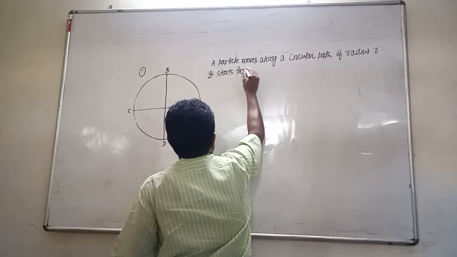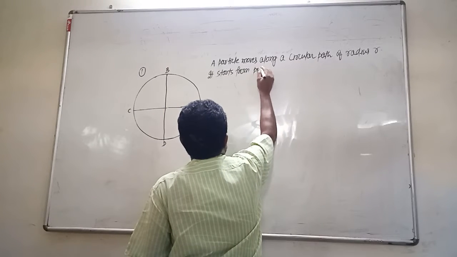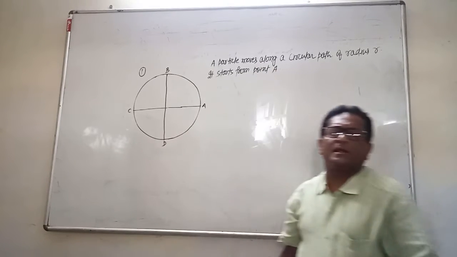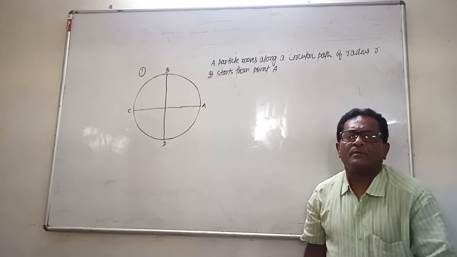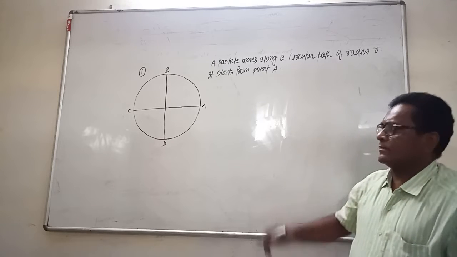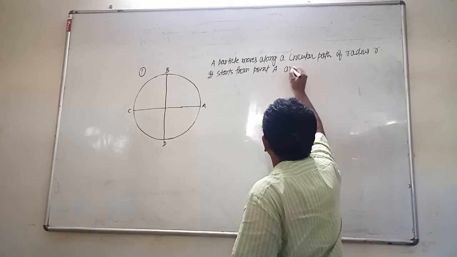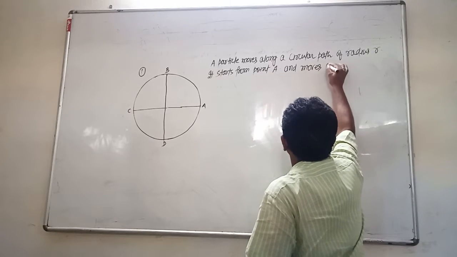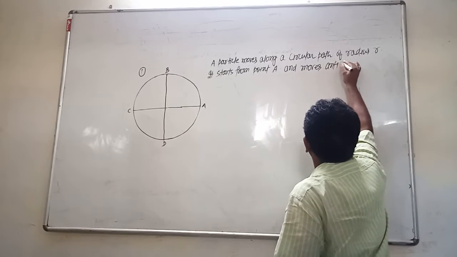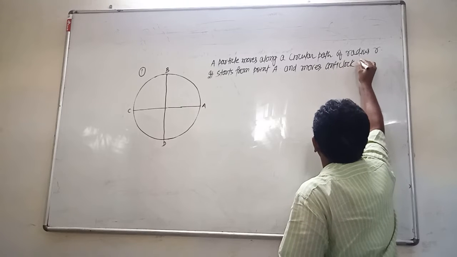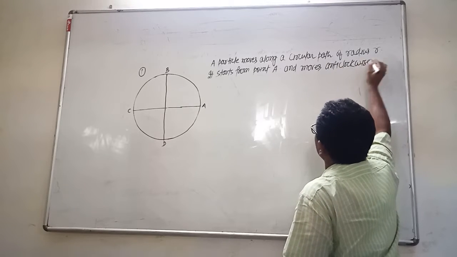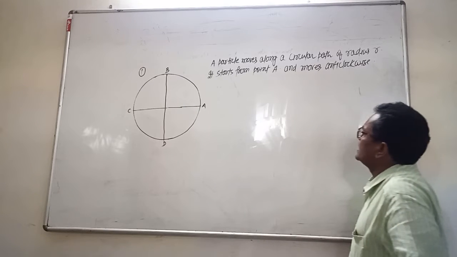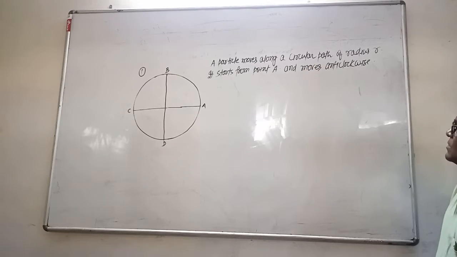From point A. A पॉइंट से पार्टिकल स्टार्ट होता है एंड मूव्स एंटी क्लॉकवाइज डायरेक्शन. The particle starts along the circular path of radius r.